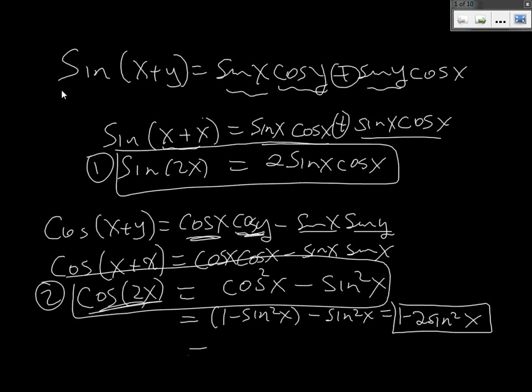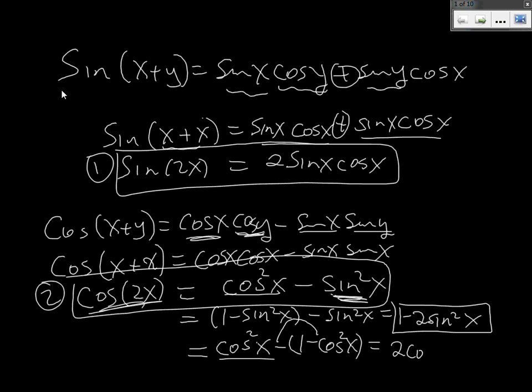Now here's yet another way. We could keep the cosine squared x like it is, minus, but instead of subtracting sine squared x, I'll say 1 minus cosine squared x. So you have cosine squared x minus a negative cosine squared x.